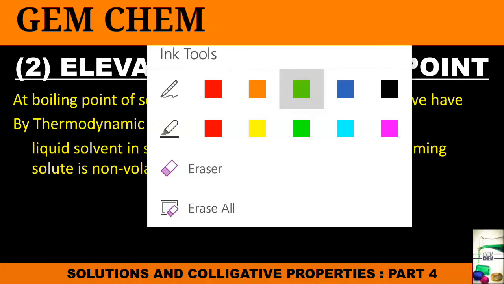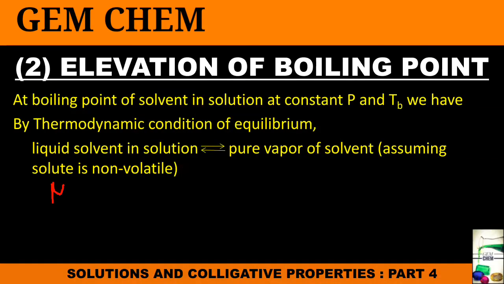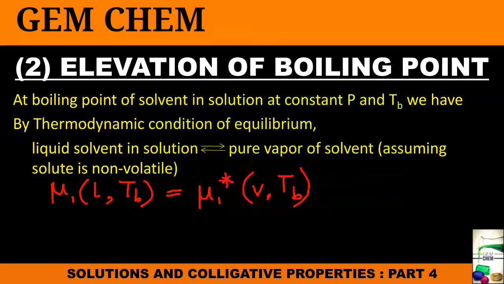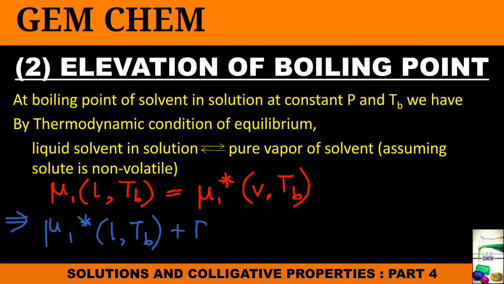We can write that the chemical potential of component 1, the solvent, in liquid at constant temperature Tb, is equal to mu1 star of pure solvent in the vapor phase at Tb. In the video on chemical potential we have already elaborated this part, and this can be written as mu1 star liquid at Tb plus R Tb ln X1, where X1 is the mole fraction of solvent in solution.